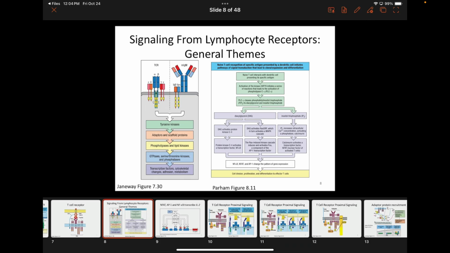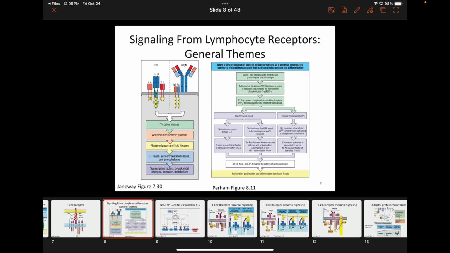Figure 8.11 mentions 3 key transcription factors. And so our goal in activating the T cell through the signaling we're going to see today is turning on those 3 transcription factors. One of them is called NF-kappa B.